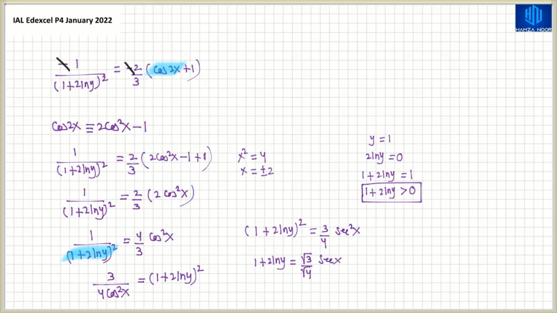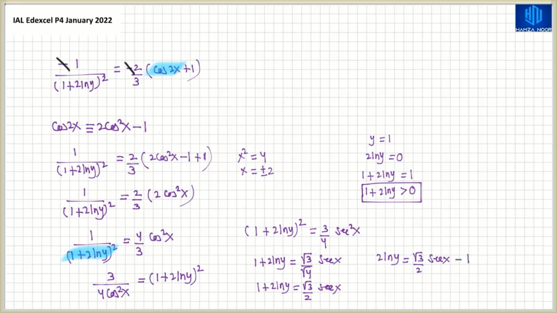So therefore 1 plus 2 ln y is equals to under root 3 over 2 multiplied by sec x. So if you make 2 ln y the subject of the equation, this will be under root 3 over 2 multiplied by sec x minus 1.